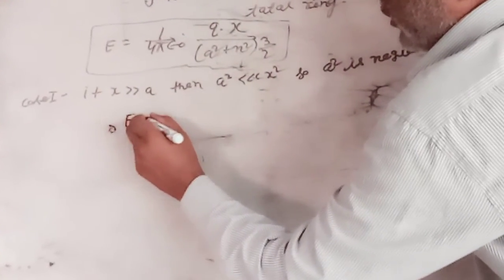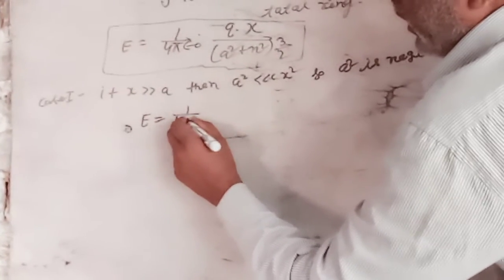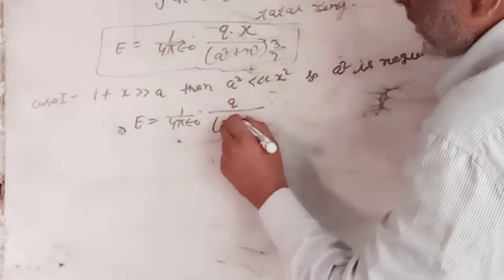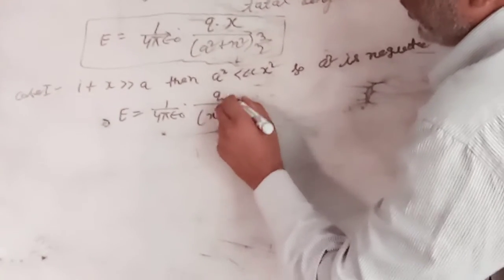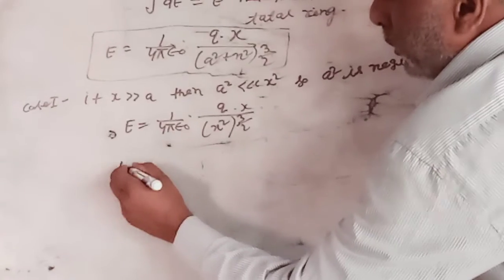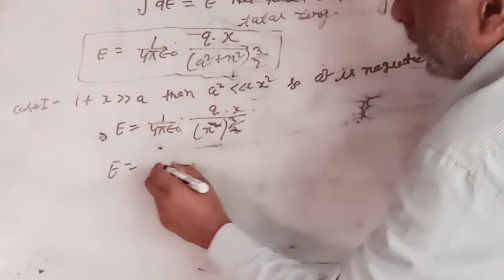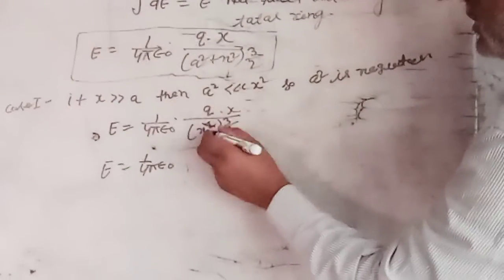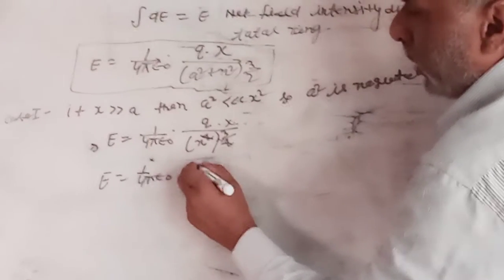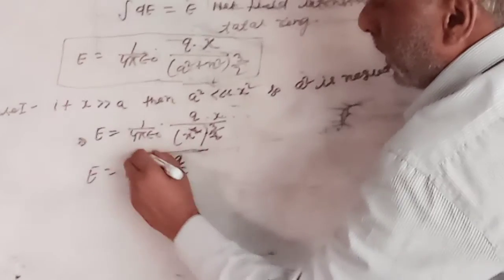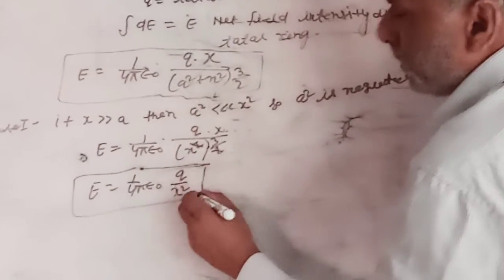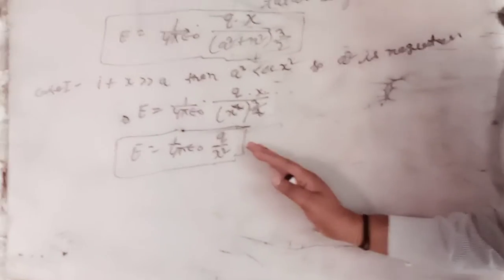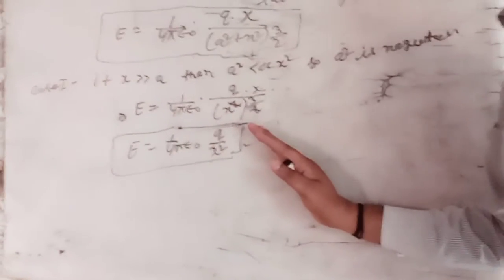Then E is equal to 1 upon 4 pi epsilon naught Q upon x square power 3 by 2, और E is equal to 1 upon 4 pi epsilon naught, 2 से 2 कैंसिल हो जाएगा, x से x क्यूब और Q by x square. It is the electric field intensity at the point P due to the uniformly charged ring.